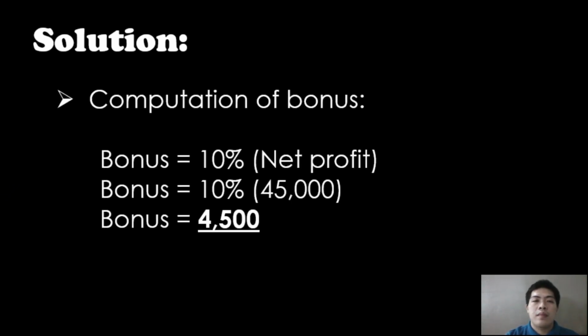So, yung computation ng bonus, okay, 10% daw ng net profit. Since wala namang i-deduct sa net profit na salaries, interests, or bonuses, diretso na lang agad na i-multiply yung 10% dun sa 45,000. So, we can have bonus of 4,500.